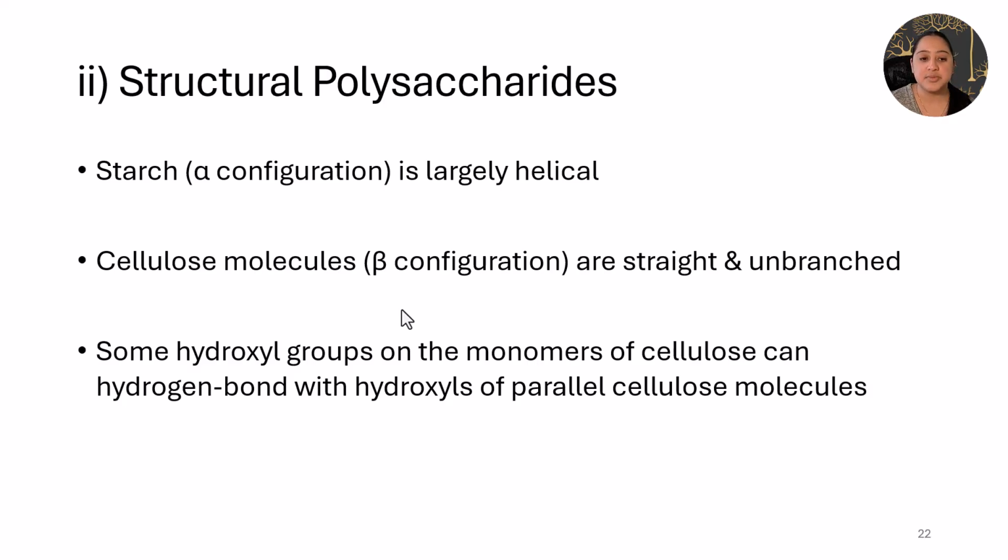Yeah, and then some hydroxyl groups on the monomers of cellulose can bond with the hydroxyls of other cellulose molecules, and that is how it helps lay so flat, because of how these molecules are oriented and structured.